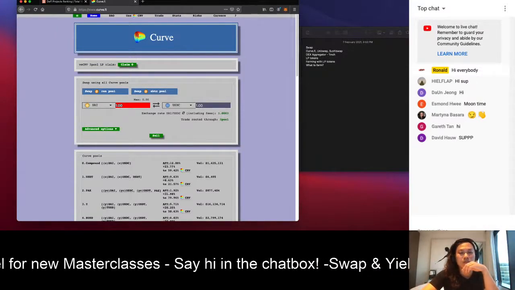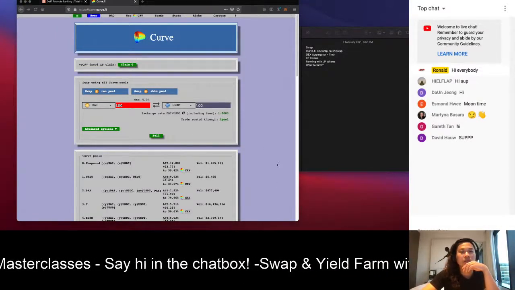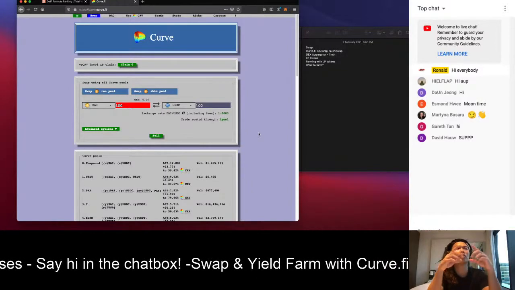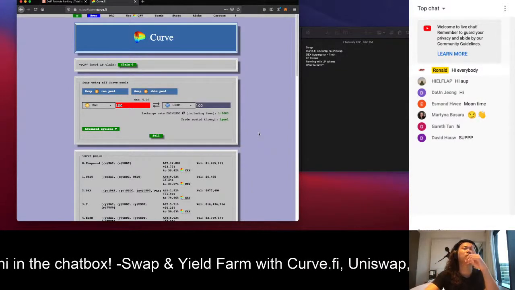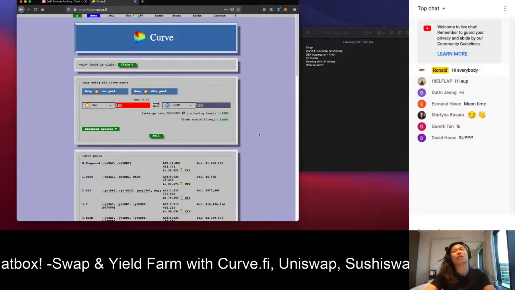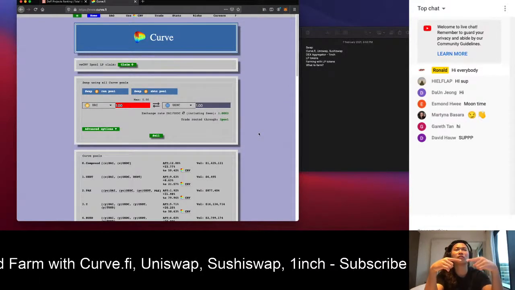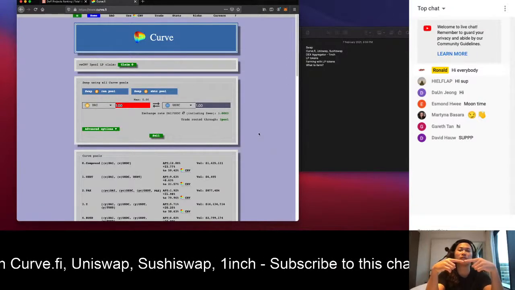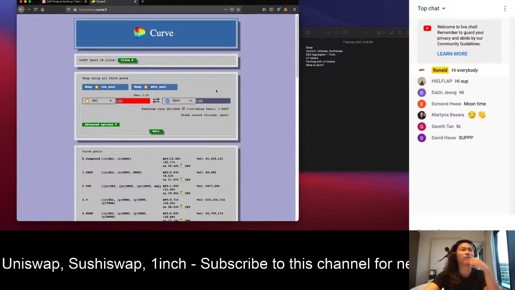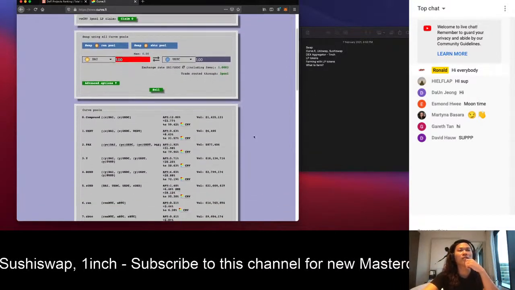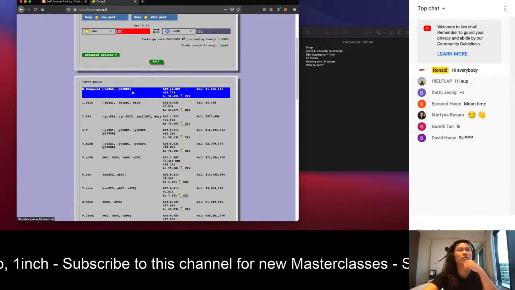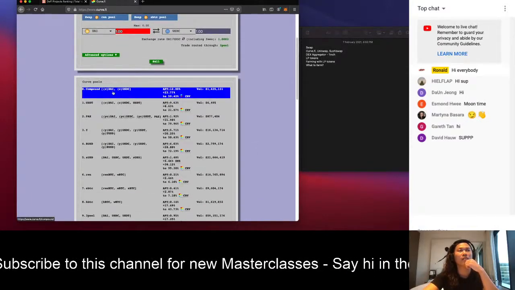The thing about stable coins is that they try to stick to $1. So the idea is that most of the stable coins should at any one point of time be quite close to each other in value such that they can swap with each other. How Curve does it is that they allow you to put in tokens based on pools.